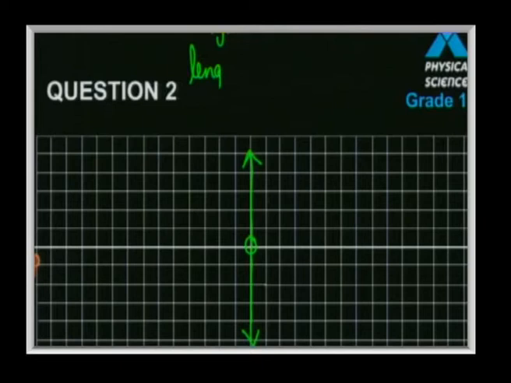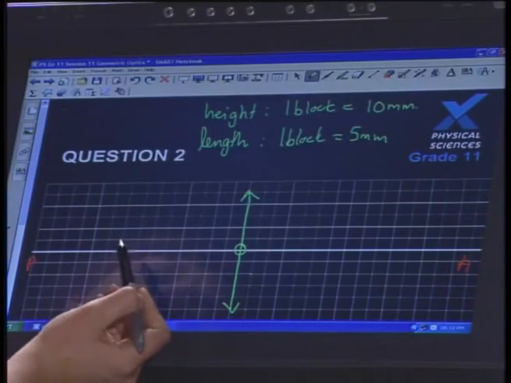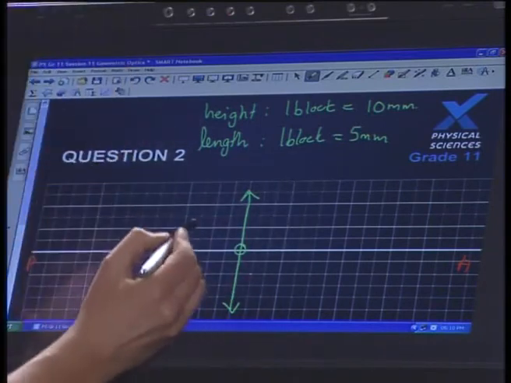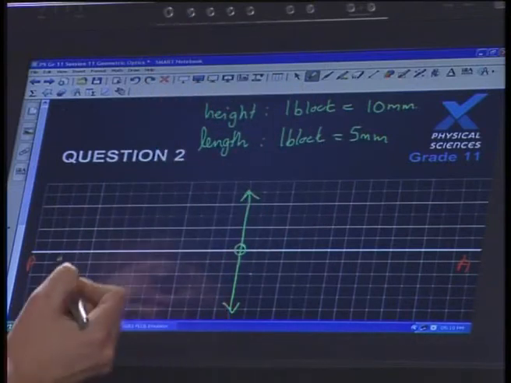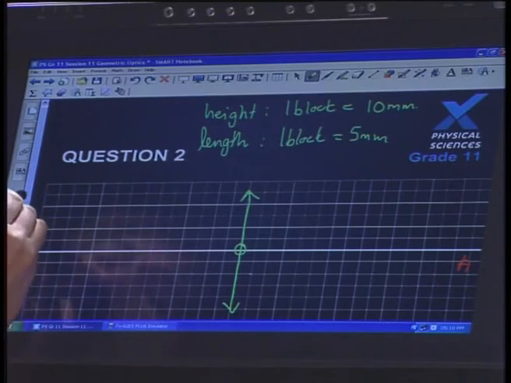Secondly, for my length, I'm going to say that one block is equal to 5 millimeters. The reason I do this is that if I use 10 millimeters across as well, then my sketch becomes all crunched up and condensed. So I want to make it a nice sizable image so that you can see the drawing that I've done. All right, let's look at the other information.